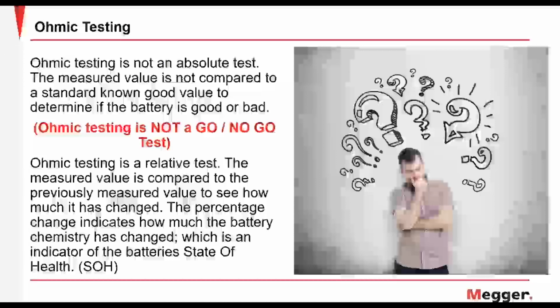So trending and having a baseline and average is very, very important when you are doing this test, to see how much it has aged. And as I mentioned earlier, as batteries age, the chemistry inside them changes, and thus the internal impedance of these batteries can be used to detect different failure modes.